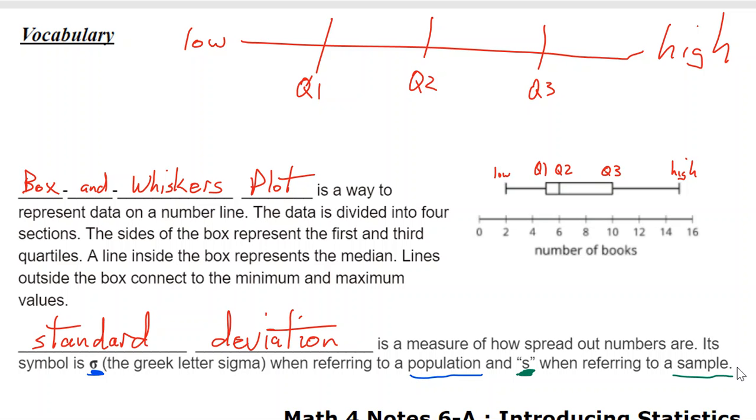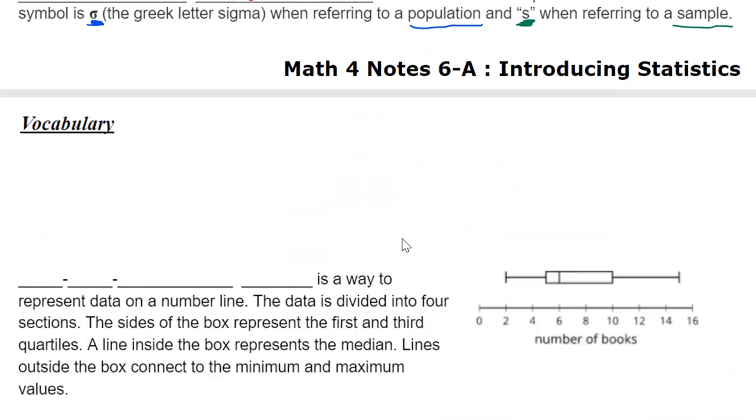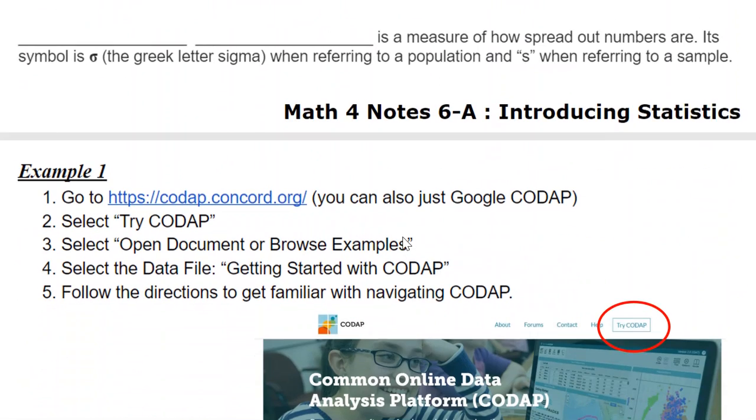But if you're only talking about a sample of the population, and you're doing this standard deviation, then you're going to say 1S and 2S. That's a trivial fact to tuck away for future reference.